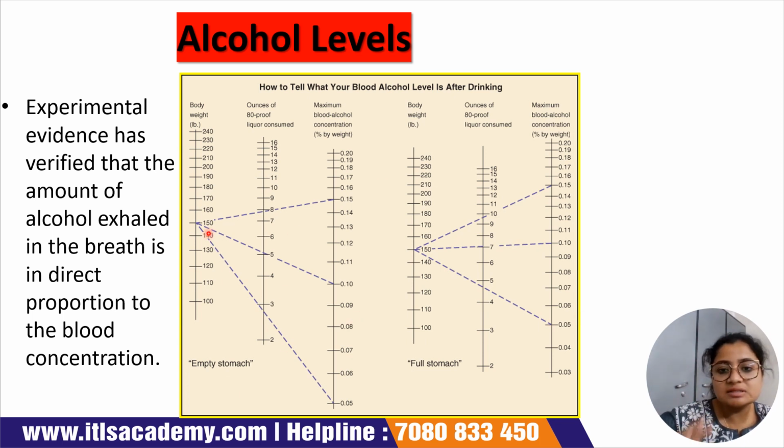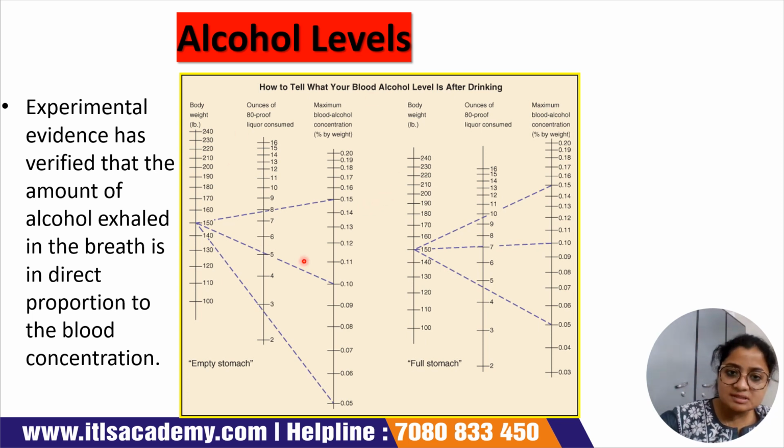Say for example we are considering a person, male or female, irrespective of the gender. The weight of that person is around 150 lb, meaning 72 to 75 kgs. If that person is consuming alcohol on an empty stomach, say around 8 ounces of alcohol, the blood alcohol concentration comes to be around 0.15.